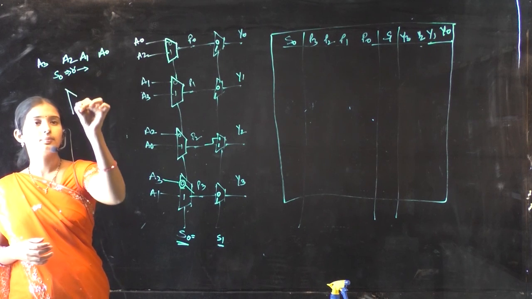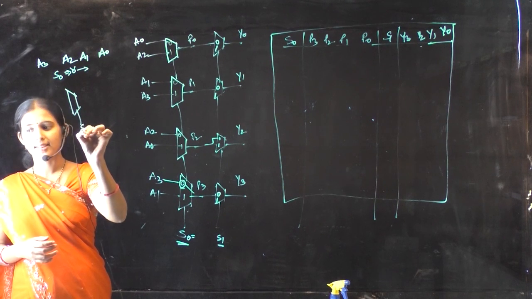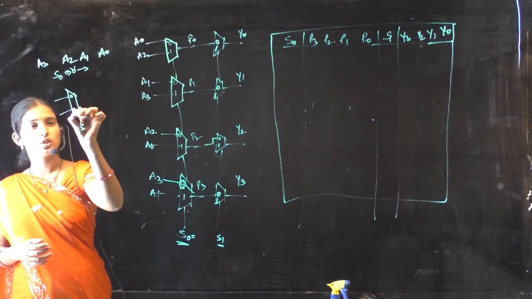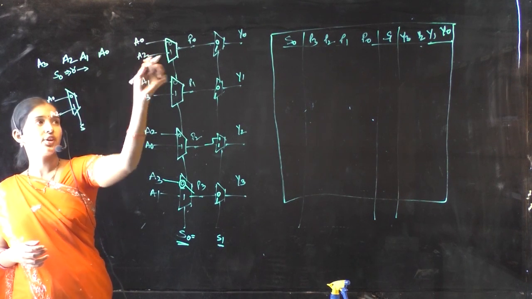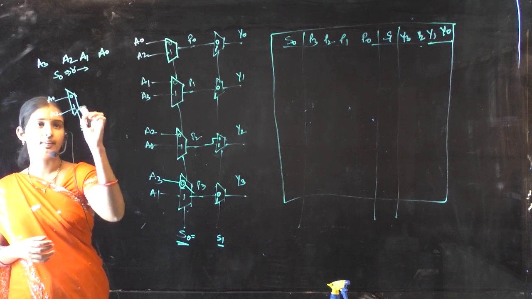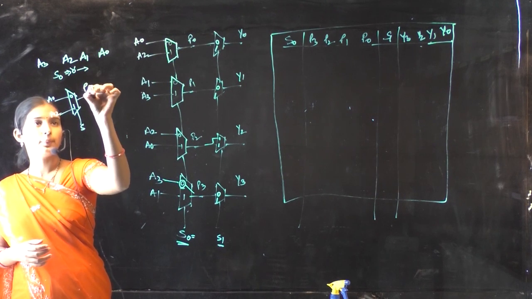This is 0, this is 1. Suppose the inputs are A0 and A2, for the first multiplexer, and let this be your P0.